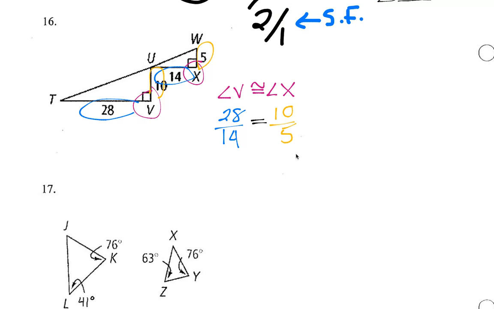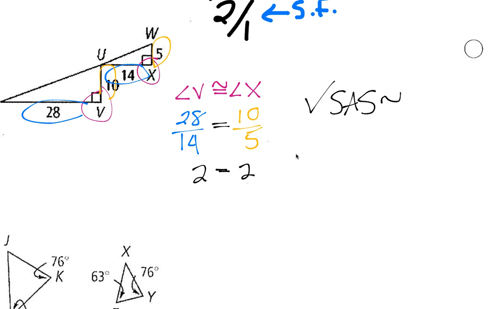We could do cross products, or we can simplify both of those. Those both simplify down to 2. So side angle side similarity works. Our scale factor is 2.